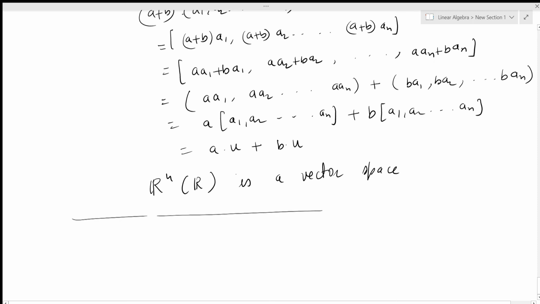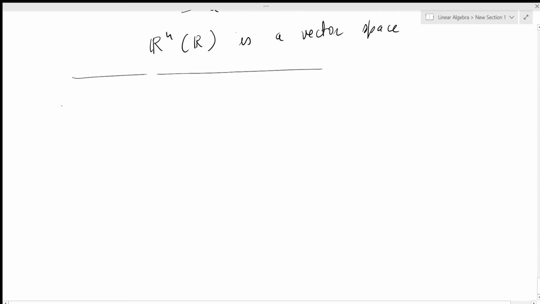Now we can discuss some more examples. Second one, the set of matrices. So if we have this type of vector space, V is of this type.